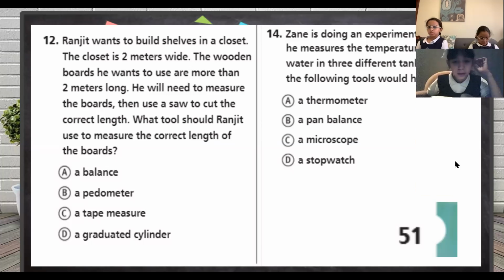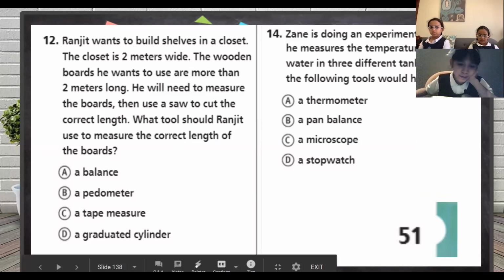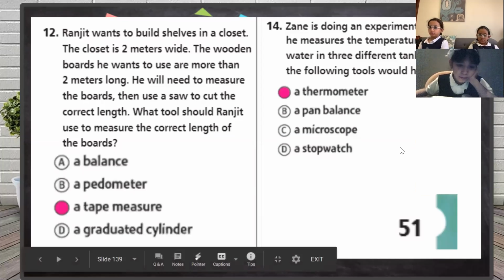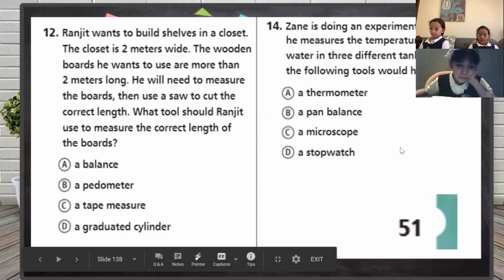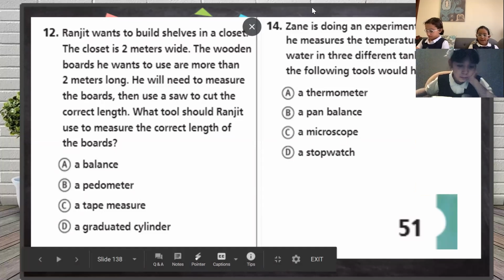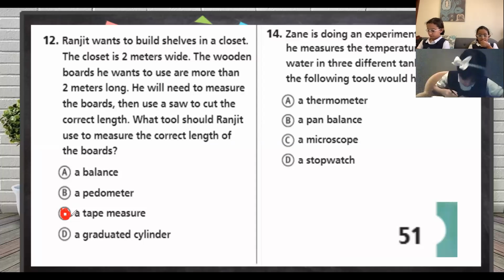Yes, Lara? Is it a tape measure? Excellent, a tape measure. Good job. Yes, of course he's going to use a tape measure. Why is that? Because he wants to know how long something is. So the answer is a tape measure. He needs to know the length of something.